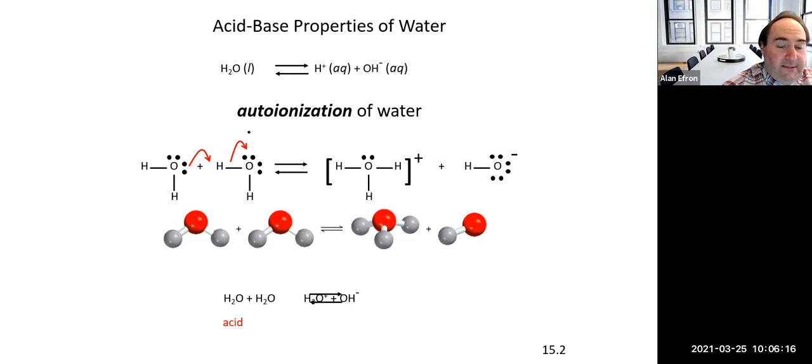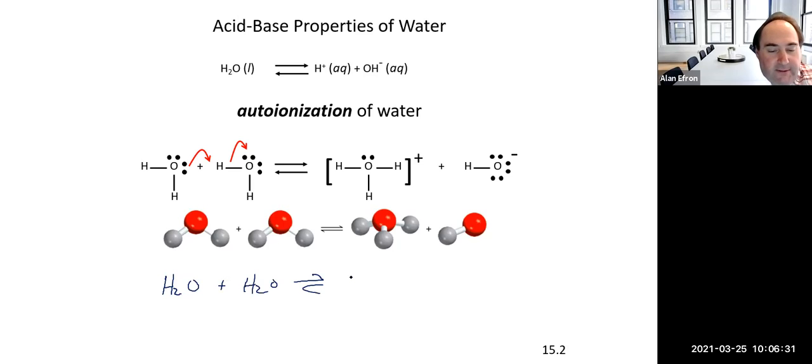Basically, in this case, we have one water plus another water, and it is going to make H3O plus and OH minus. One of these waters will act as the acid, and another one will act as the base. This will be our conjugate acid, and this would be our conjugate base in this particular case.